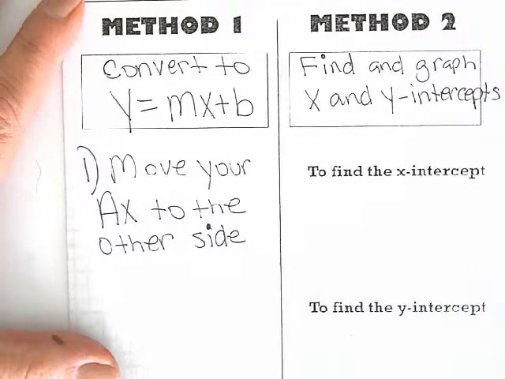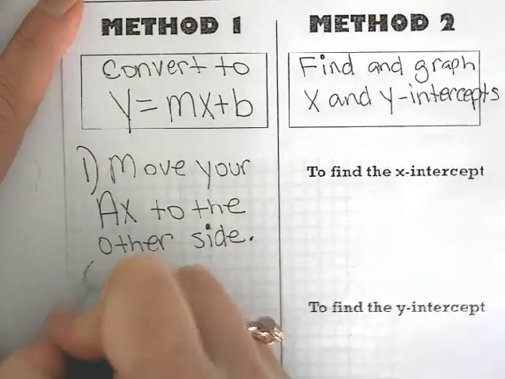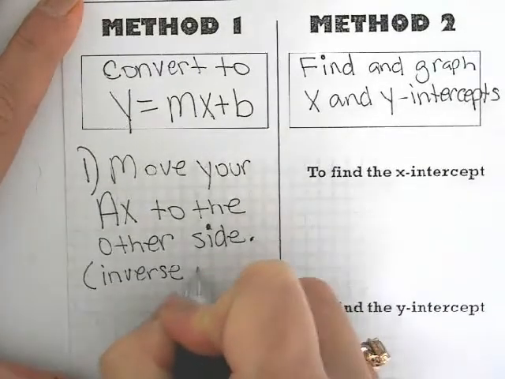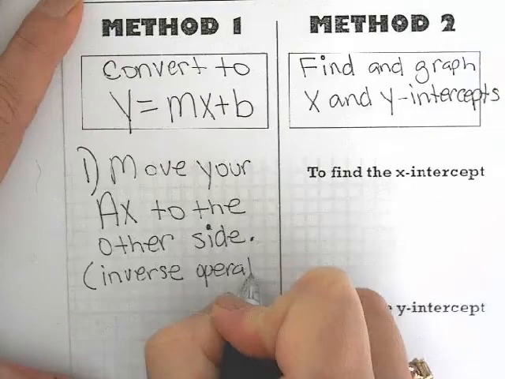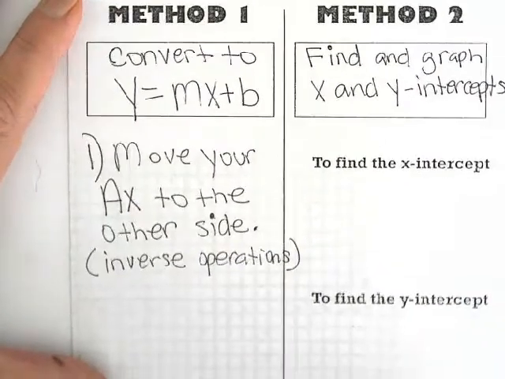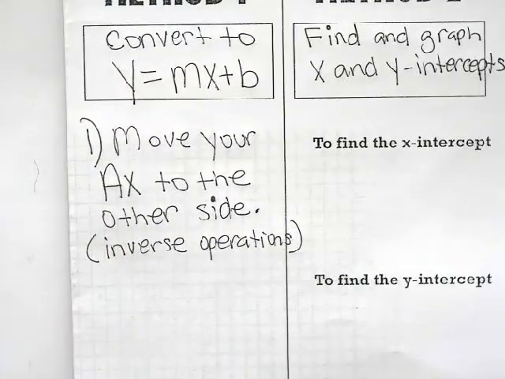Again, to do this, it's inverse operations. So if I had 5x, moving it to the other side, it would be minus 5x. If I had negative 3x and I'm moving it to the other side, it would be positive 3x. So you just add or subtract to get to the other side.